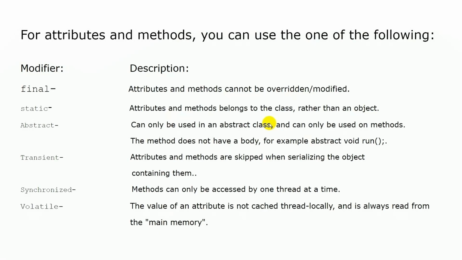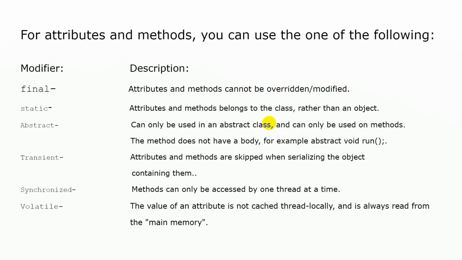Alright, for attributes and methods, you can use the following modifiers: final, static, abstract, transient, synchronized and volatile. If we make an attribute or method final, it can't be overridden or modified.